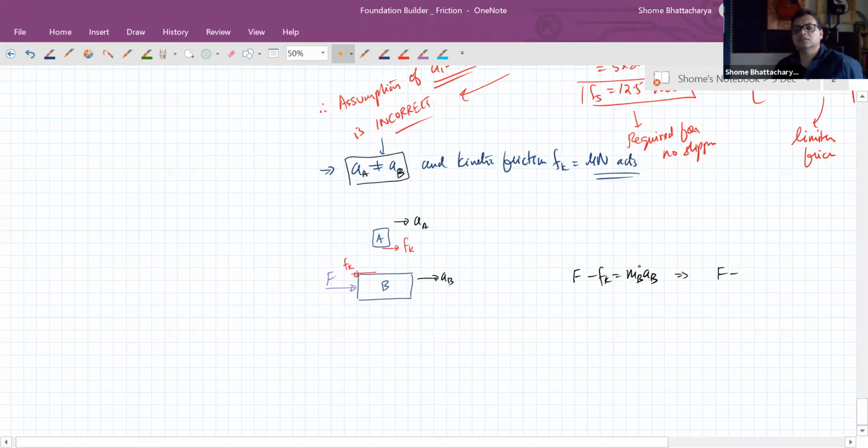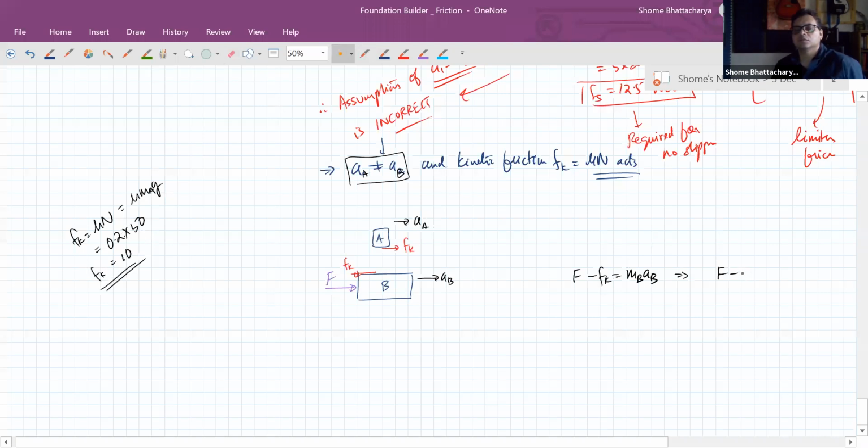Now kinetic friction is equal to coefficient of friction into normal reaction, so that is 0.2 into 50 newtons. So it will be 10 newtons. The kinetic friction is 10 newtons.